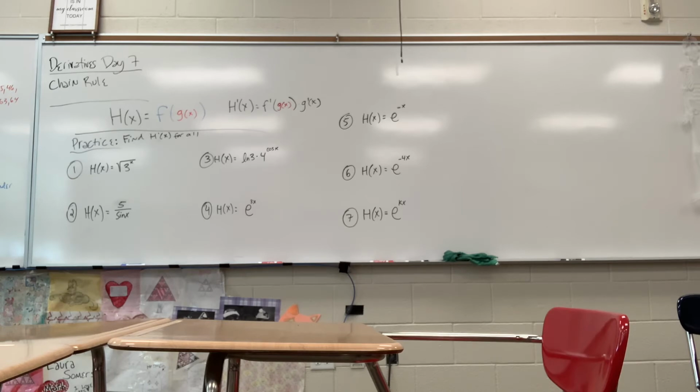g of x is the square root of x, because f of x is the axis. Oh, no, we're just doing this. Well, then we have to find the prime. So I have all these to the negative 2. Oh, yeah, so that's how I do it.